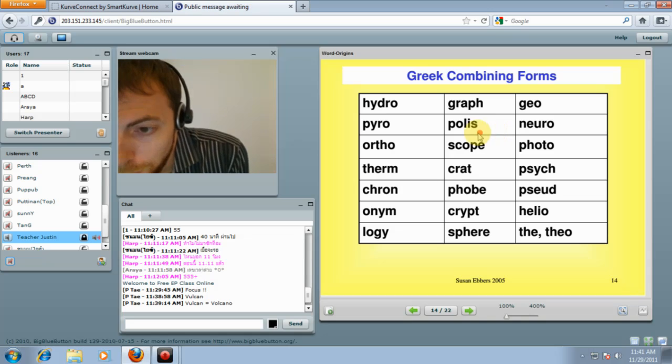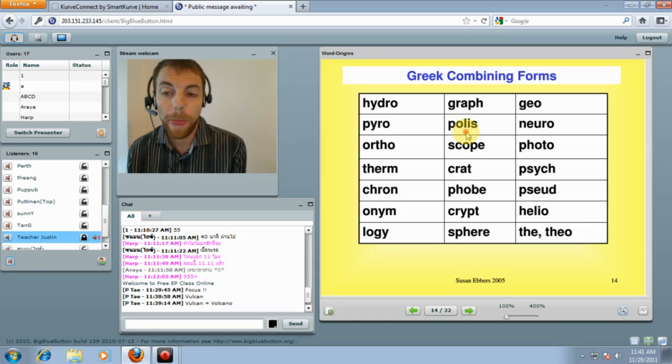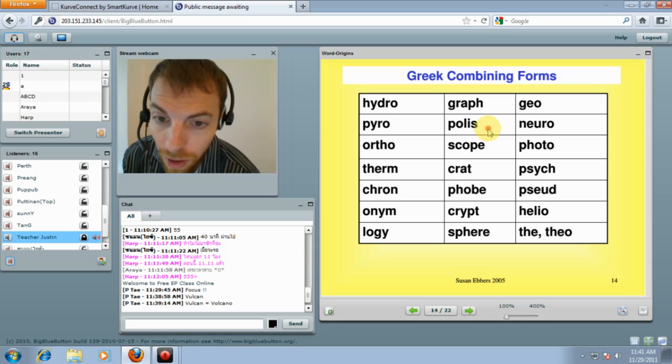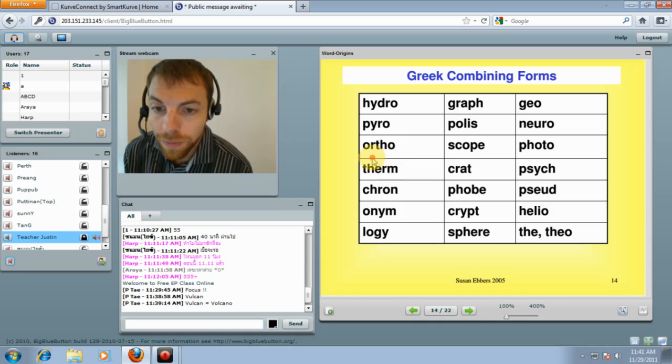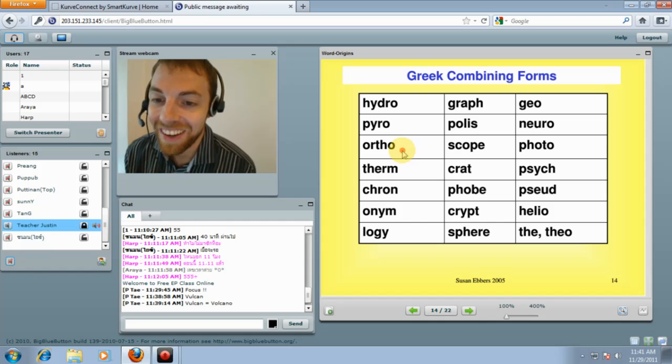Let's see. Polis, P-O-L-I-S, comes at the end of a word, but it means city. So metropolis is a very large city, or acropolis is a city on a hill. Ortho means feet.